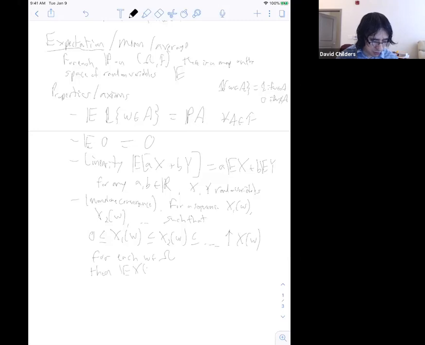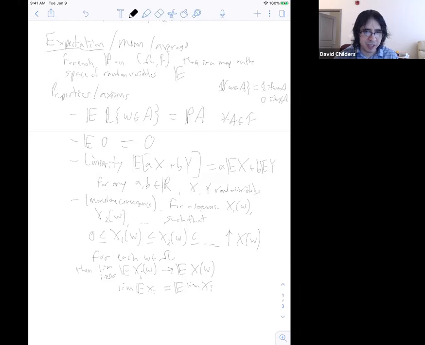let's do this the other way. Then the limit as i goes to infinity of the expectations of the sequence converge to the expectation of the limit object x omega, or more succinctly, limit of expectation of xi is equal to the expectation of the limit of xi.